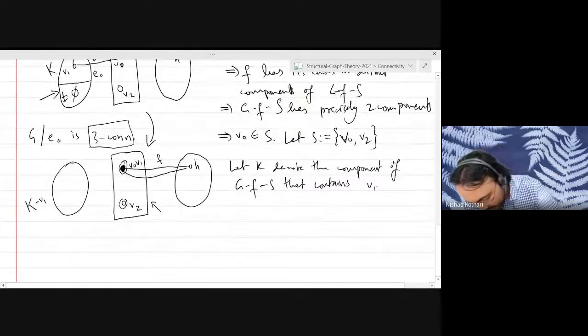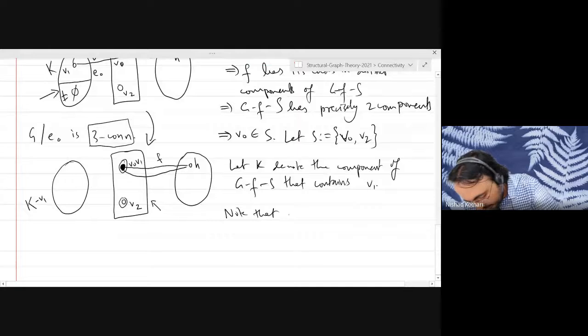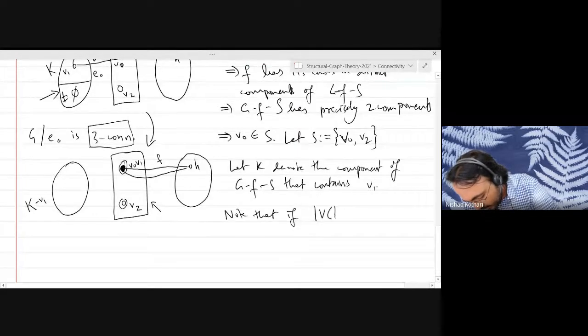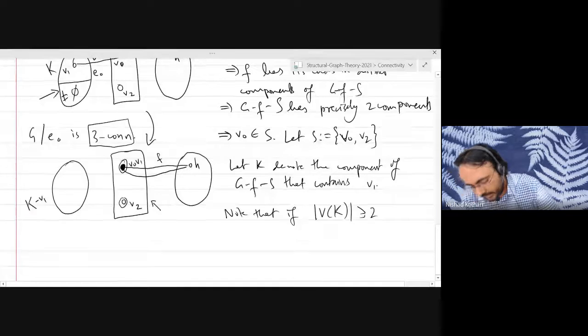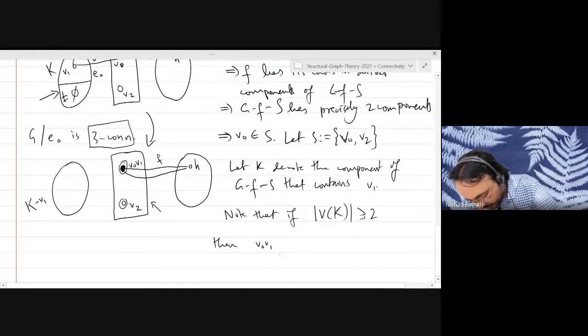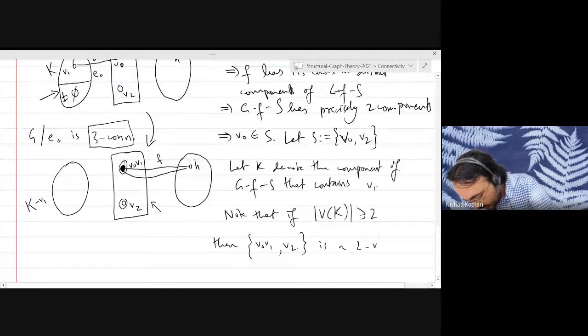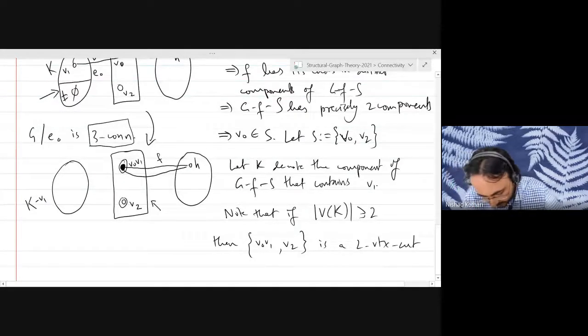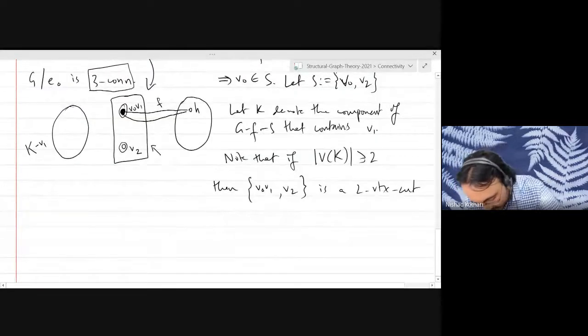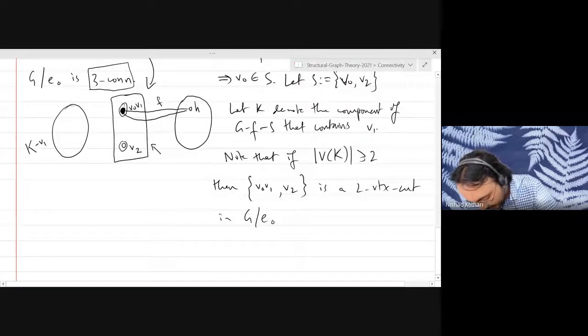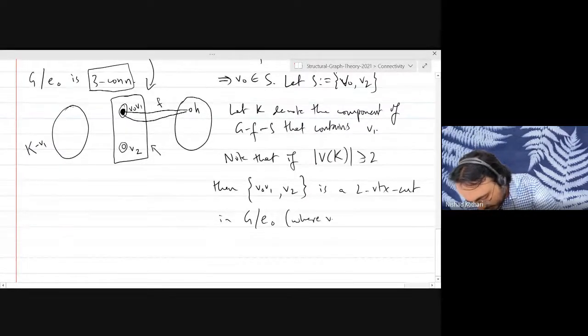Note that if the cardinality of K, if it has at least 2 vertices, then V0, V1 and V2 is a 2 vertex cut in G contract E0, where V0, V1 is the contraction vertex.